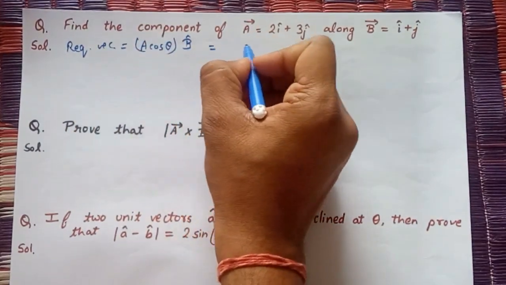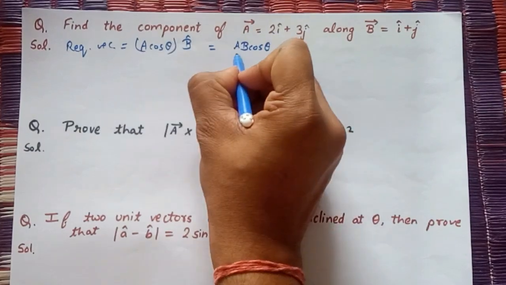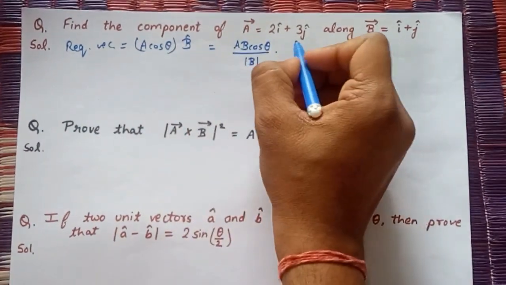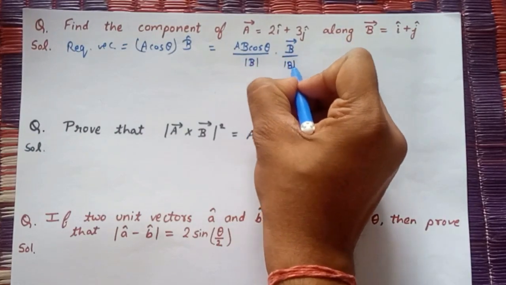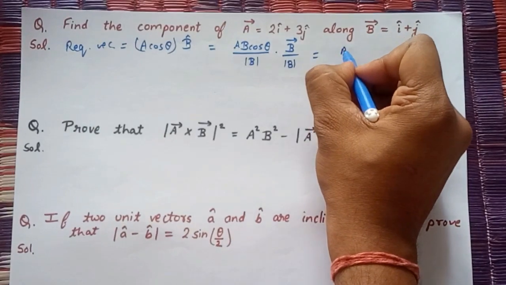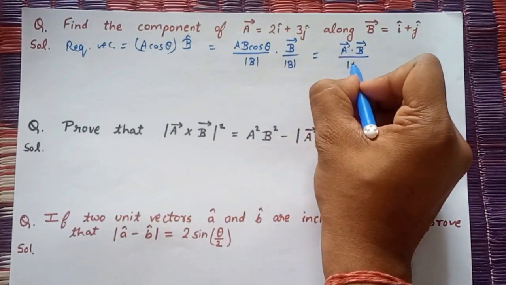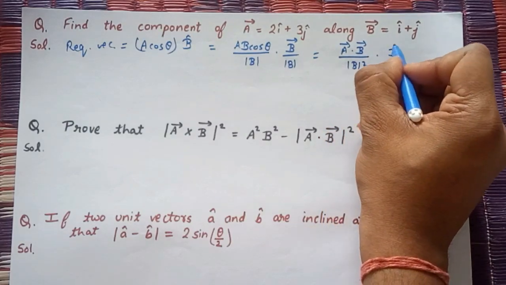Or I can write it as ab cos theta upon mod of b multiplied by b cap, which can be written in the form of b vector upon mod of b. ab cos theta is a vector dot b vector, upon mod of b square, multiplied by b vector.